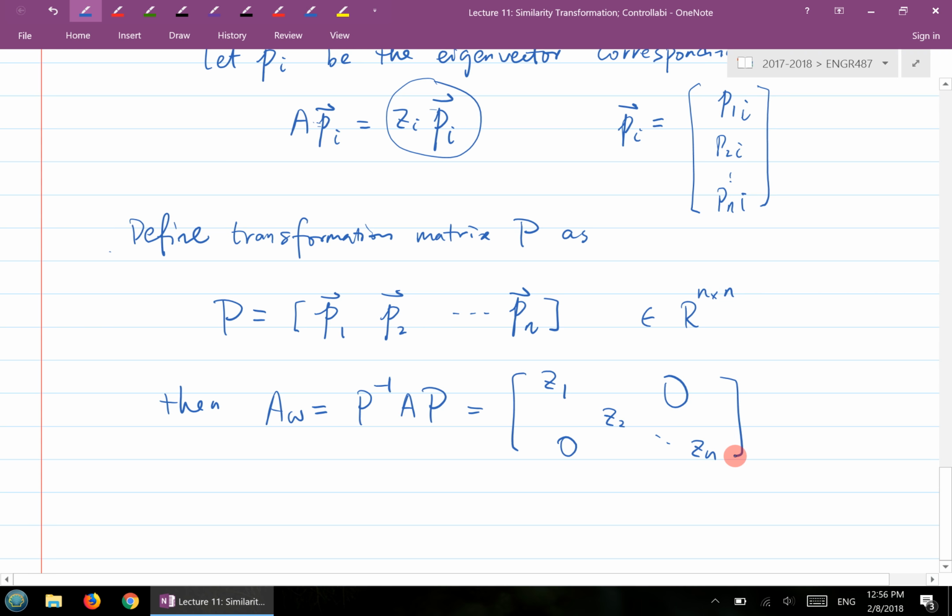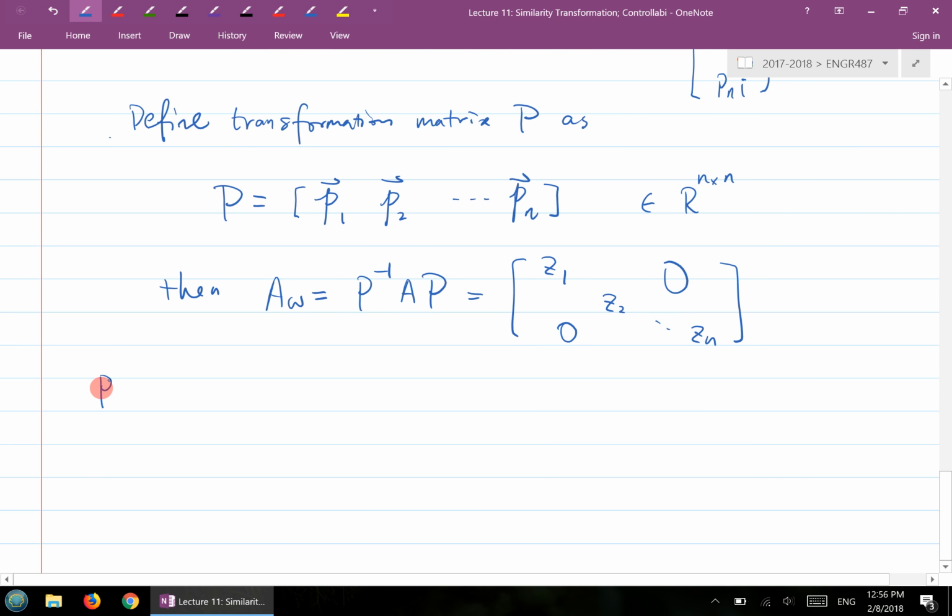So that P matrix is exactly what we're looking for. If we can define a P like this, then we can diagonalize this A matrix into this diagonal format.